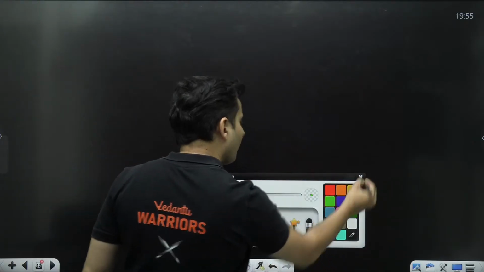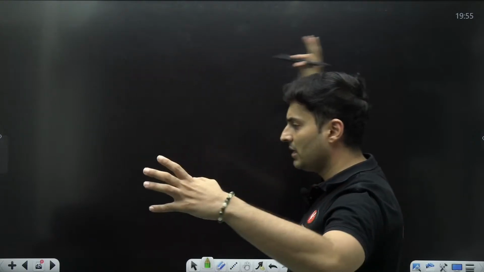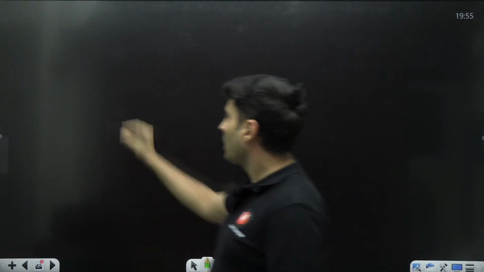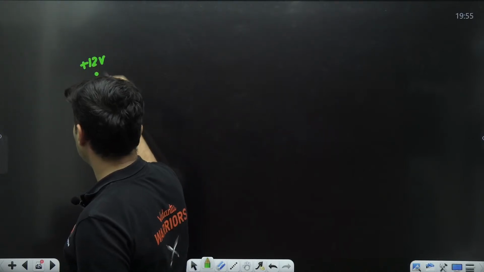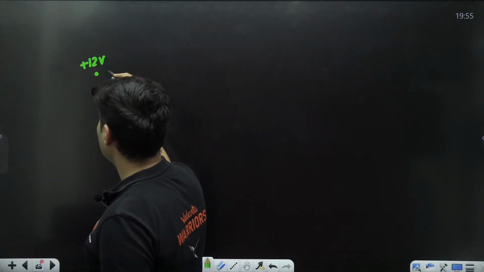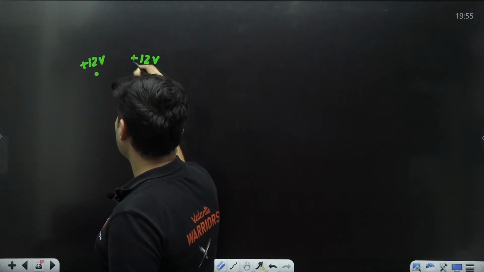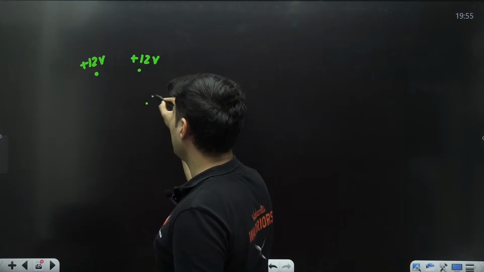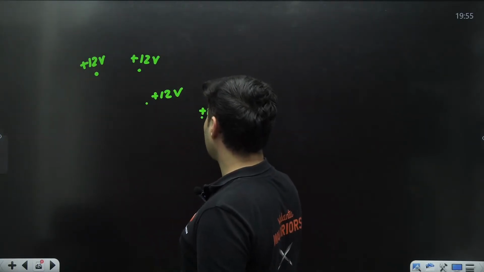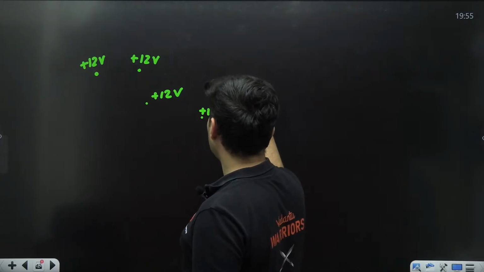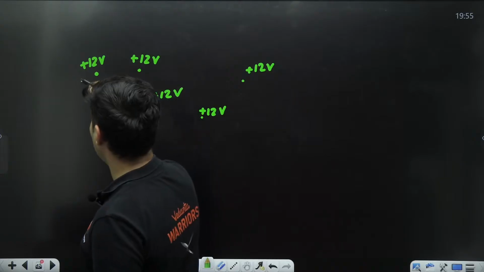Imagine there is some charge here, some charge there, some charge here, etc. Let's say I notice the potential over here is plus 12 volts. I notice another point which has the same voltage, plus 12 volts, and another point, and another, and I see there are many more such points.